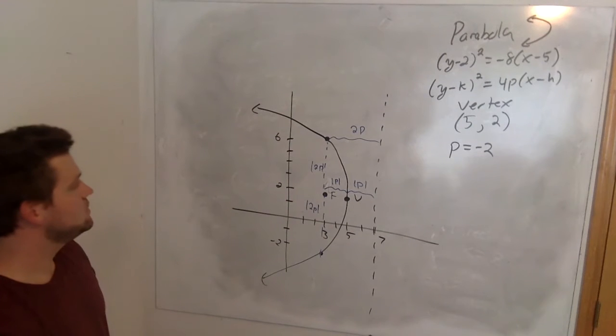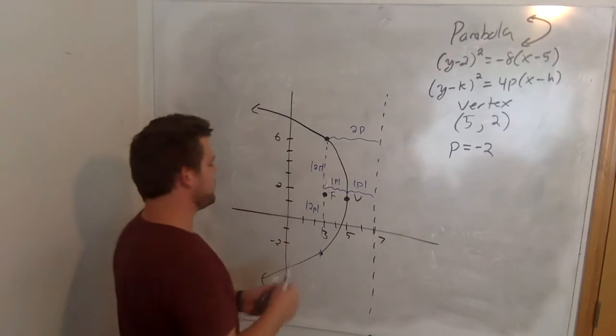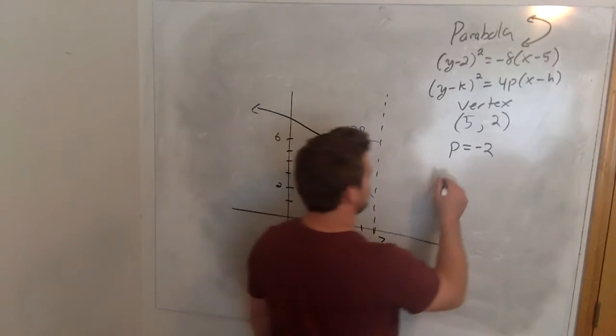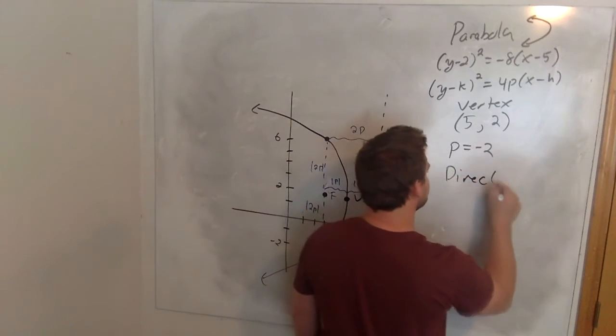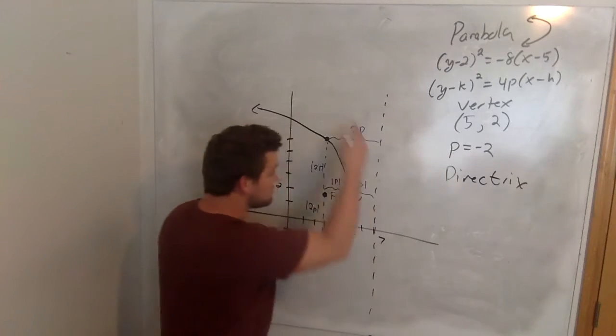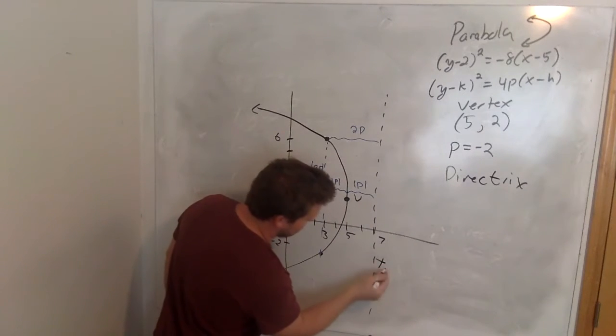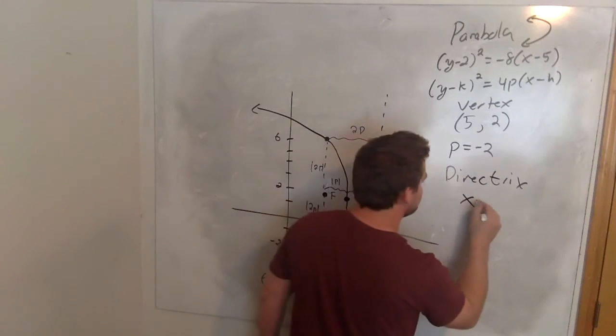Okay. So what else do we need to know here? We got the vertex. We have what our p-value is. Let's write the equation of the directrix. That's the equation of this vertical line. The equation of this vertical line will be x equals 7.